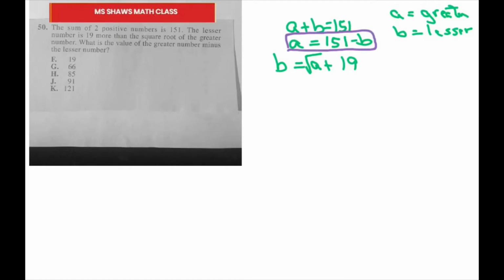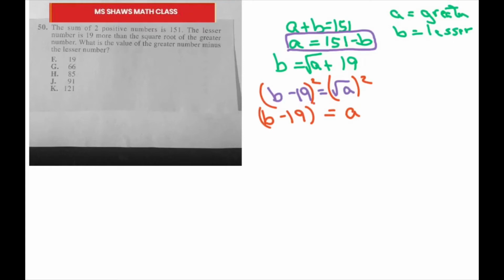So when I solve for A here, I subtract 19 and square both sides. So that solves for A equals B minus 19 squared.